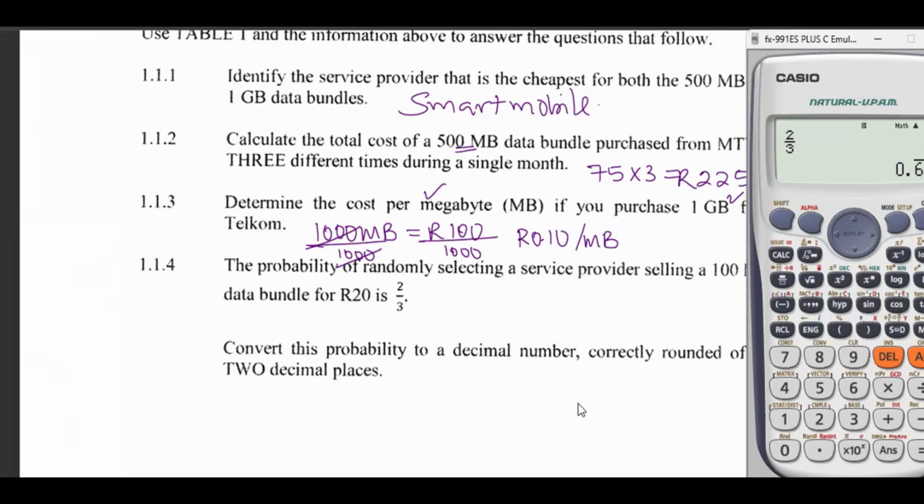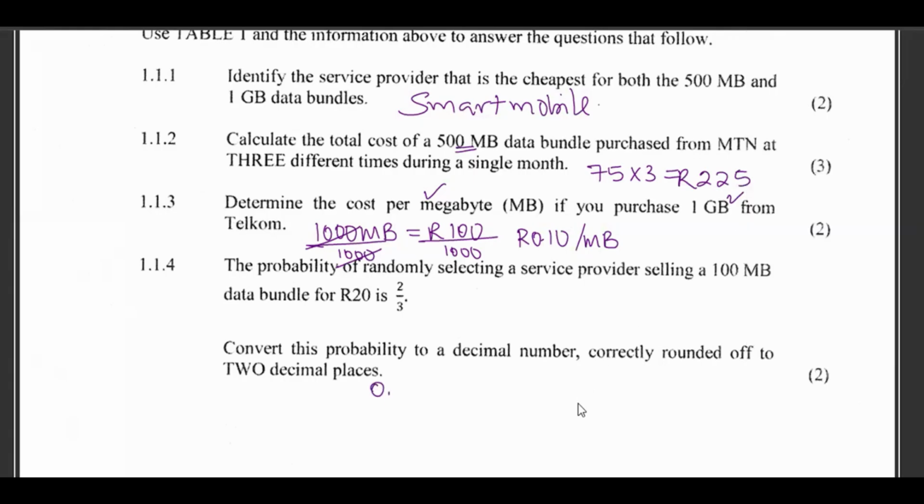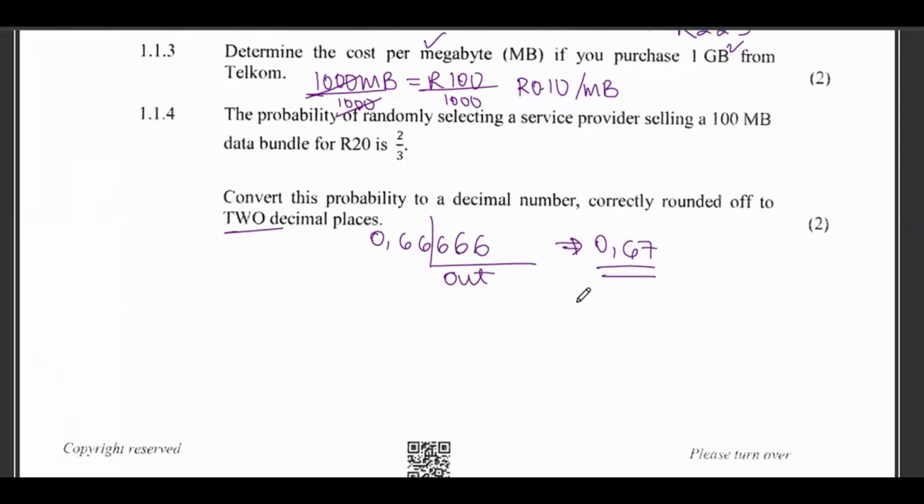So this one is the same as 0.66666. But they said to do 2 decimal places, that means it's going to stop here. These ones have to go off, leaving us with 0.67. That was supposed to be the answer there.